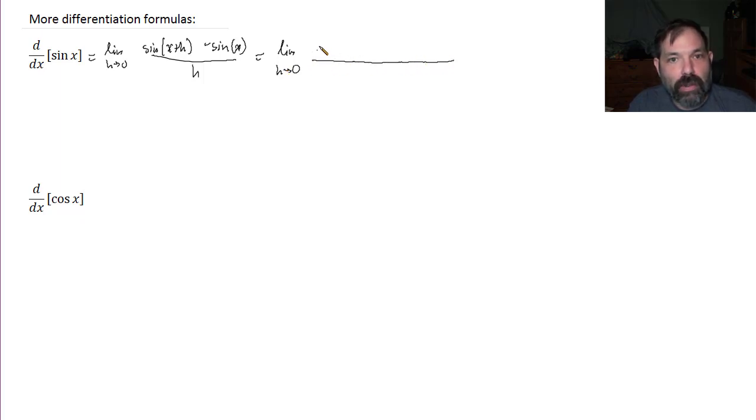The sine of x plus h is sine x cosine h plus cosine x sine h, minus sine x, all over h.